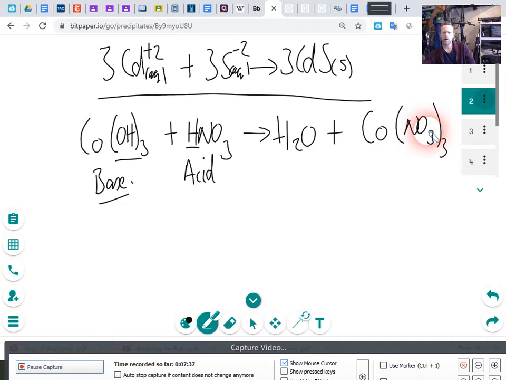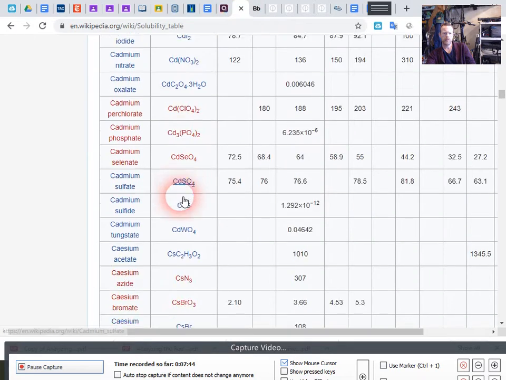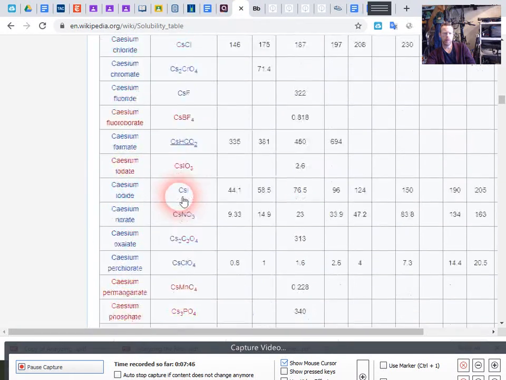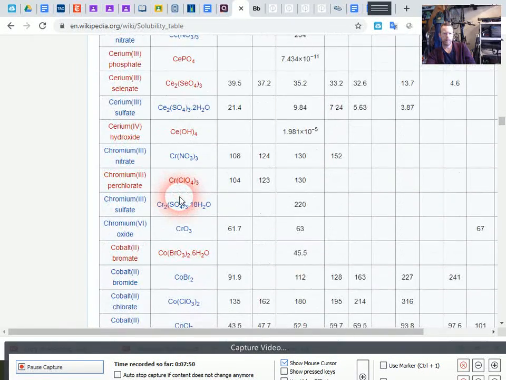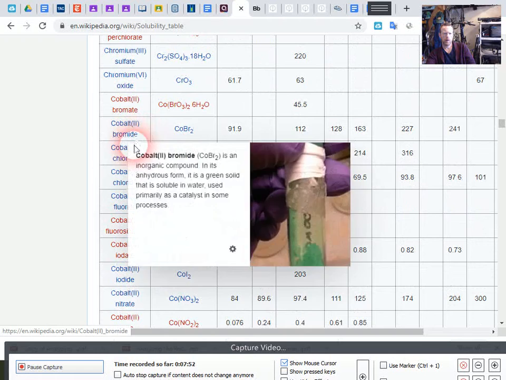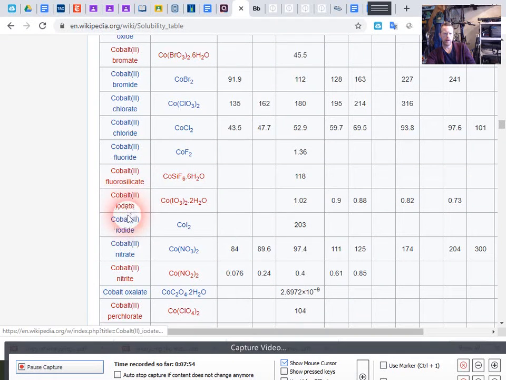Now, cobalt nitrate is going to be soluble. How do I know? Well, it better be. So it'll be cobalt bromide, chloride, fluoride, nitrate. Yeah, pretty soluble.